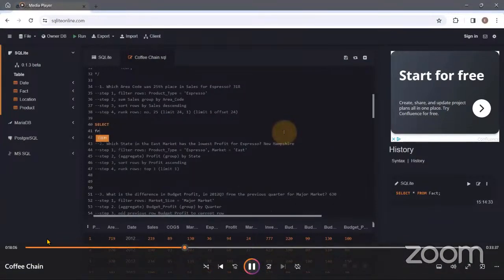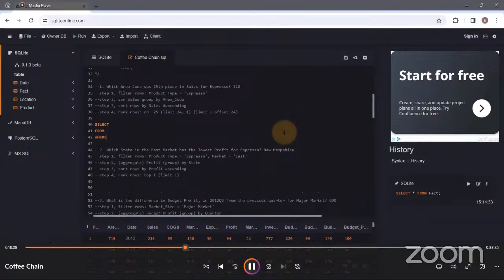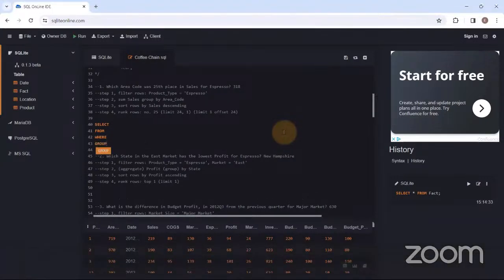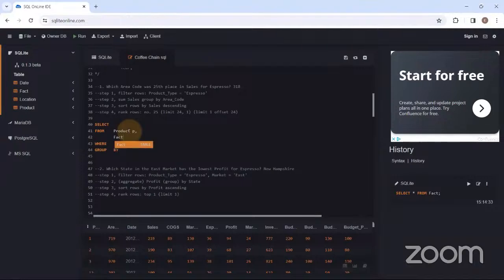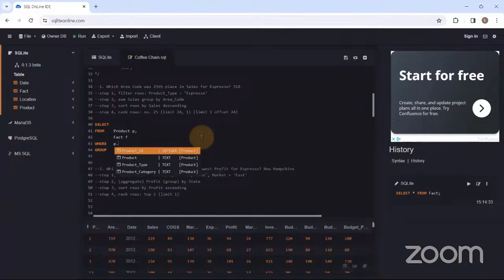Select, from, where, group by. I need the tables. Product is P. Fact is F. First condition joins the tables on product ID.